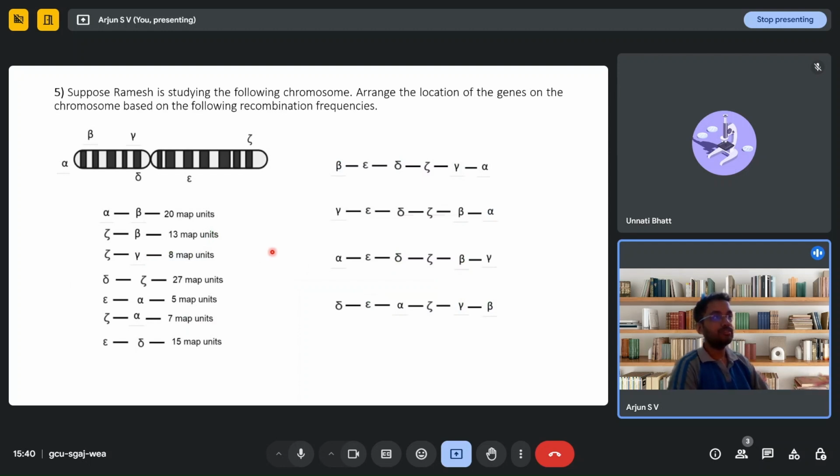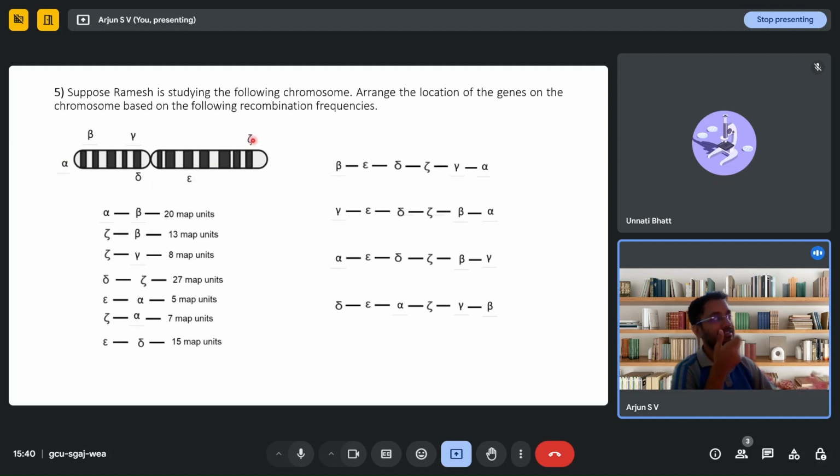Suppose Ramesh is studying the following chromosome. Arrange the location of the genes on the chromosome based on the following recombination frequencies. This is the chromosome that they are given, with different genes labeled alpha, beta, gamma, delta, epsilon, and omega.